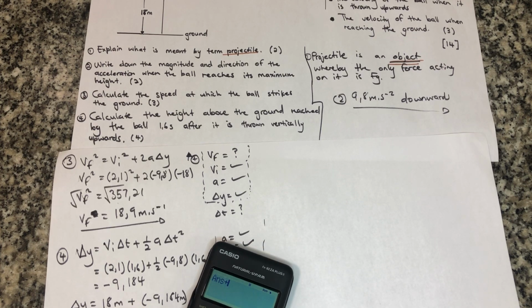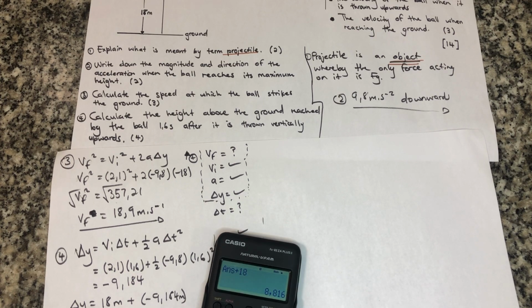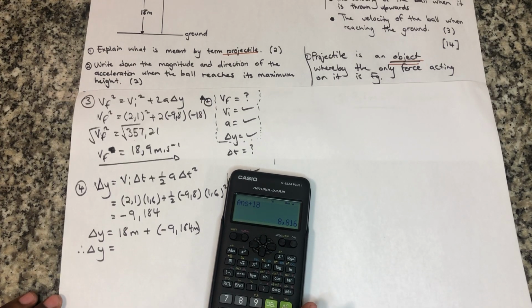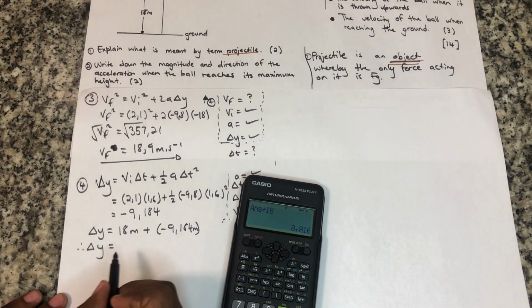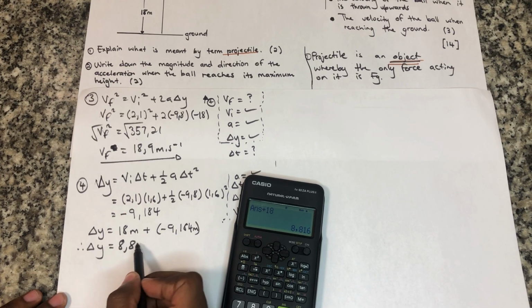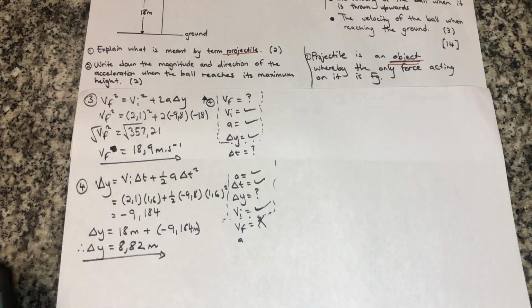So let's just put plus 18 there. So that's the final answer, and therefore our change in Y will be equal to 8,816. Let's just round it off to 2 decimal places, okay? 8,82 meters. All right, that's how it goes. Right? That's the final answer. Highly correct.